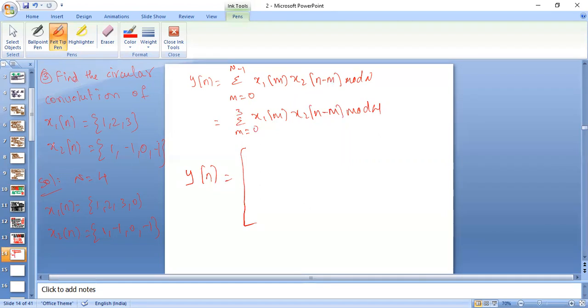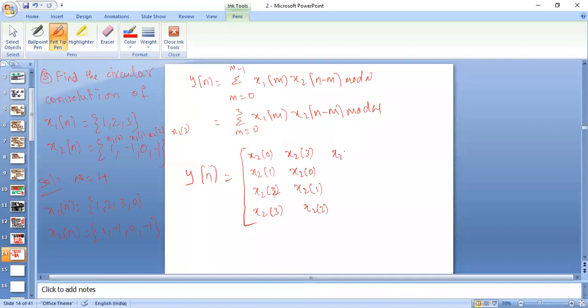First, x2 of n can be written as x2 of 0, x2 of 1, x2 of 2, x2 of 3, isn't it? Let us arrange them initially. So the next equation can be written as, take this up, x2 of 3, x2 of 0, x2 of 1 and x2 of 2.